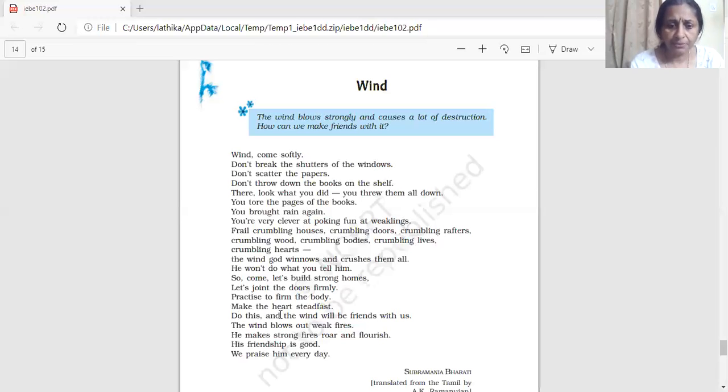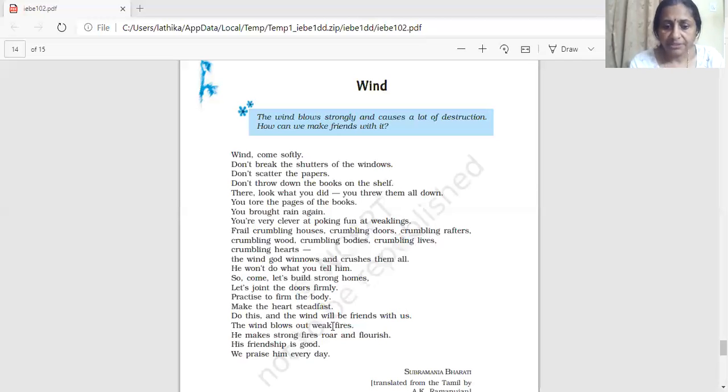Practice to firm the body, make the heart steadfast. So even we should be bold enough to face these situations. We should not be discouraged or feel defeated once the wind destroys our homes or brings destruction to our society.